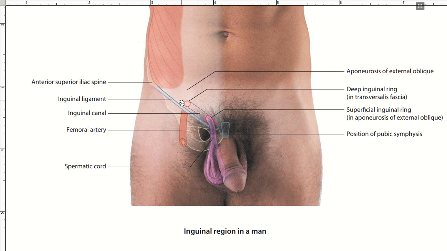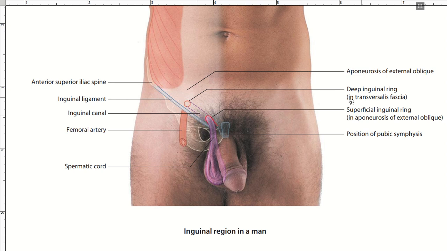This canal is made as they press against the peritoneal wall, so we have the deep inguinal ring. What's the first layer that we meet from the parietal peritoneum, moving superficially?